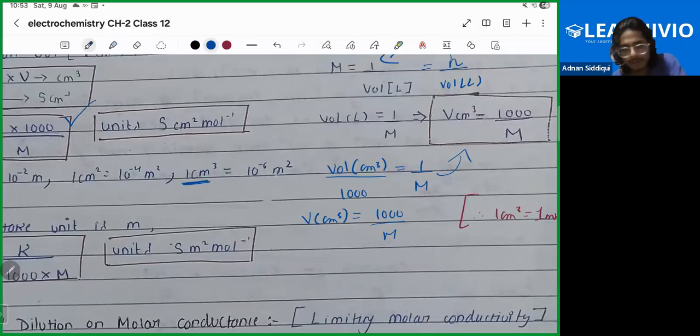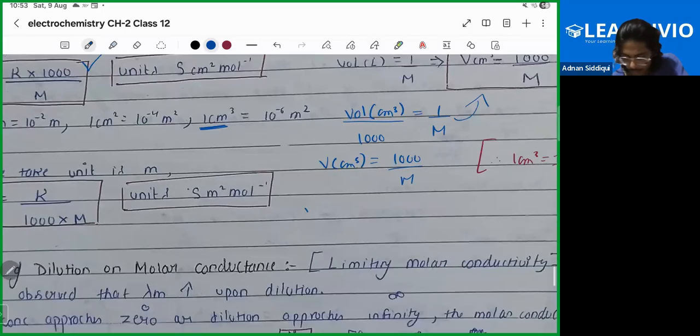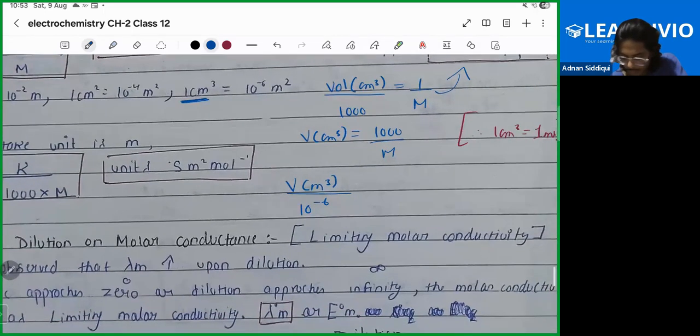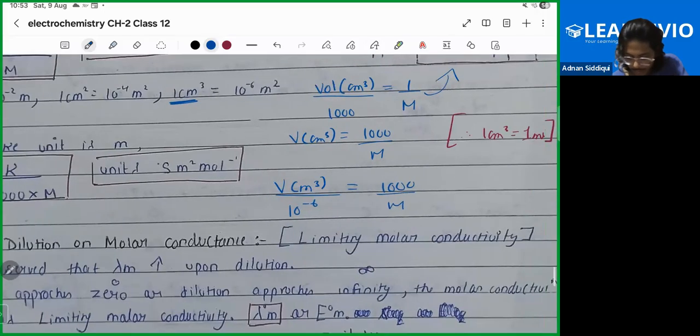It is 10 to the power minus 6 meter cube. So if you have to convert V into meter cube, you will multiply by 10 to the power minus 6, which is equal to 1000 divided by M. This is in meter.